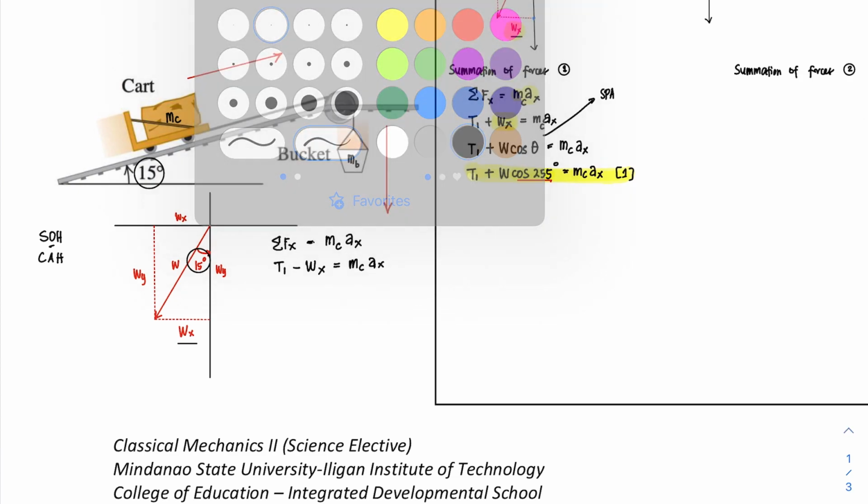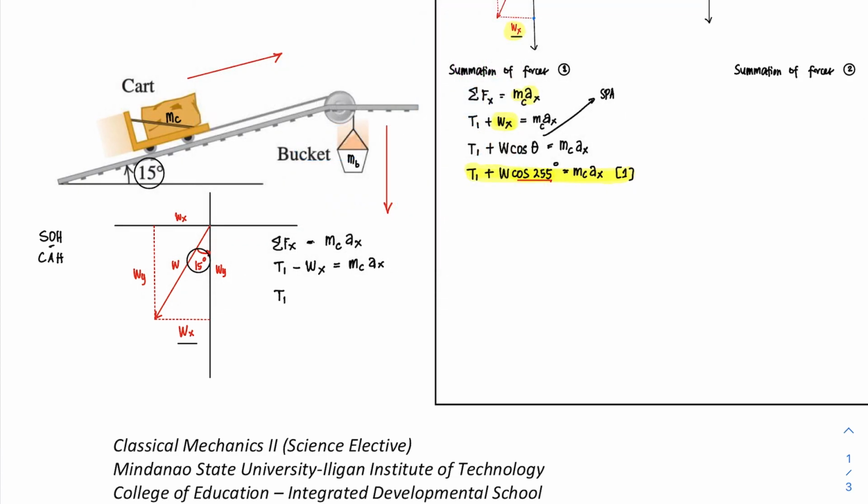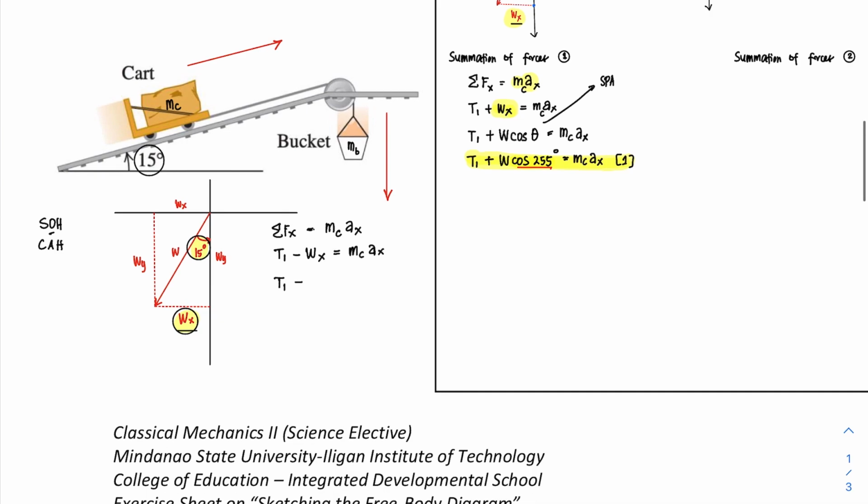Okay? So, continuing on this one, this will be T1 minus WX. Now, this is your WX. So, the question again and again is, what is the relationship between your angle and WX? They are opposite. So, of the two trigonometric relations, the only function which has opposite is your sine, right?